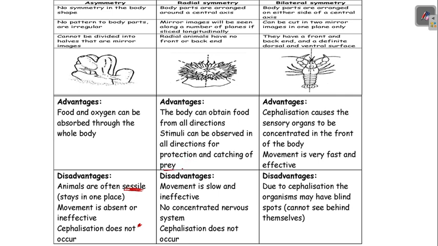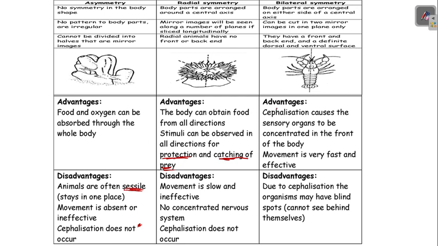So basically, since they can receive stimuli from all directions, it's very easy for them to locate their prey. Then they can protect themselves because they can locate where the danger is. They know where the danger is, these ones, right?